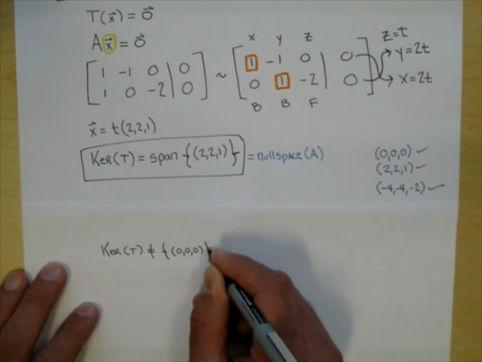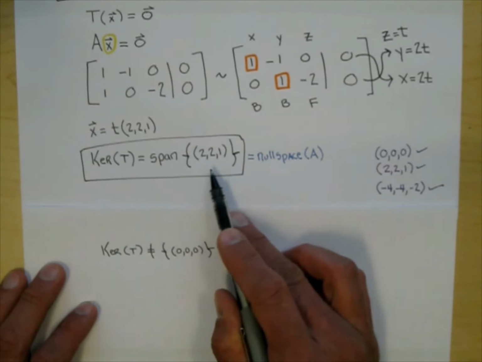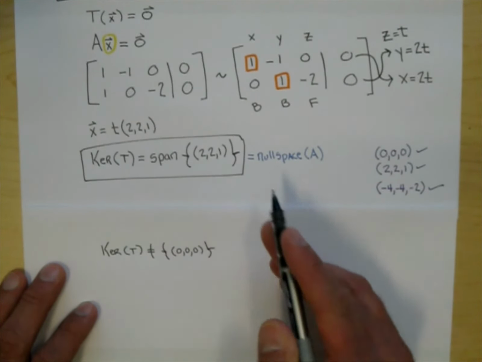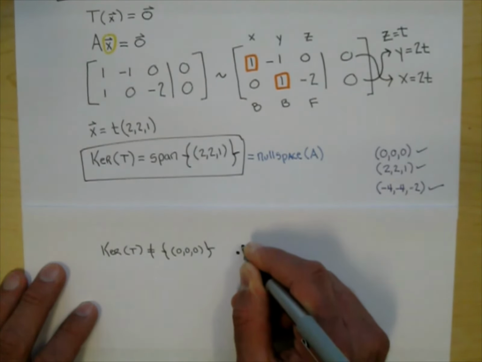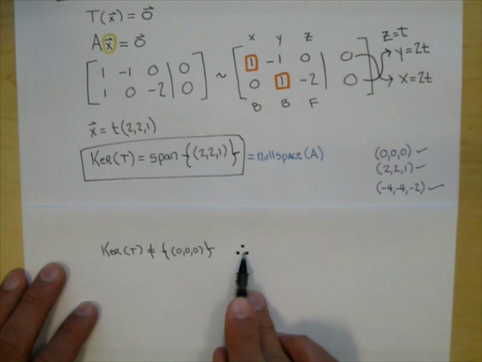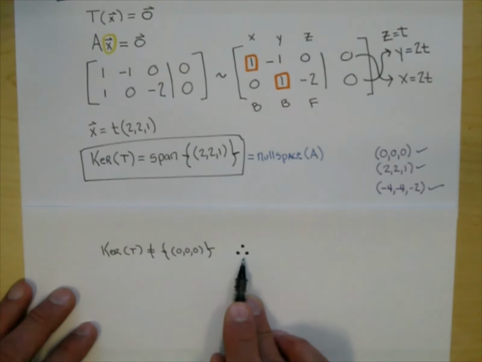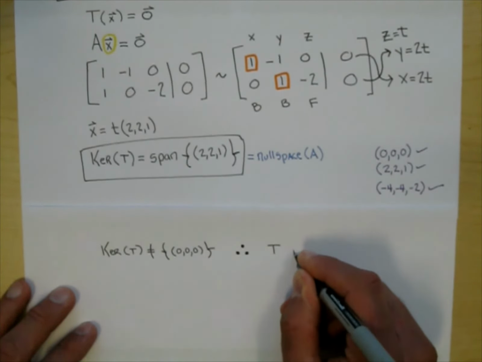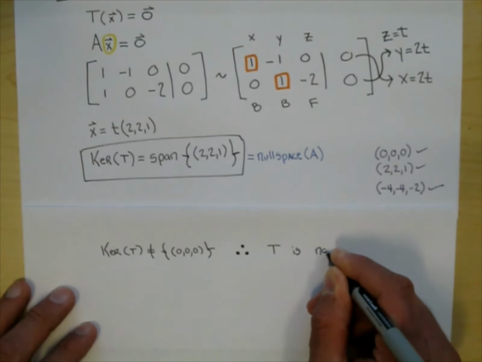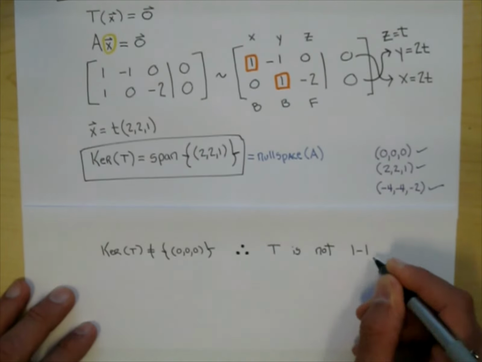Sure, 0, 0, 0 does live in the kernel, but the kernel is not just the 0 vector, it's actually infinitely many vectors. Therefore, you don't have to use this fancy notation. Therefore, there's 3 dots, and that means therefore in math. So therefore, T is not, and then we sort of do shorthand for 1-to-1.